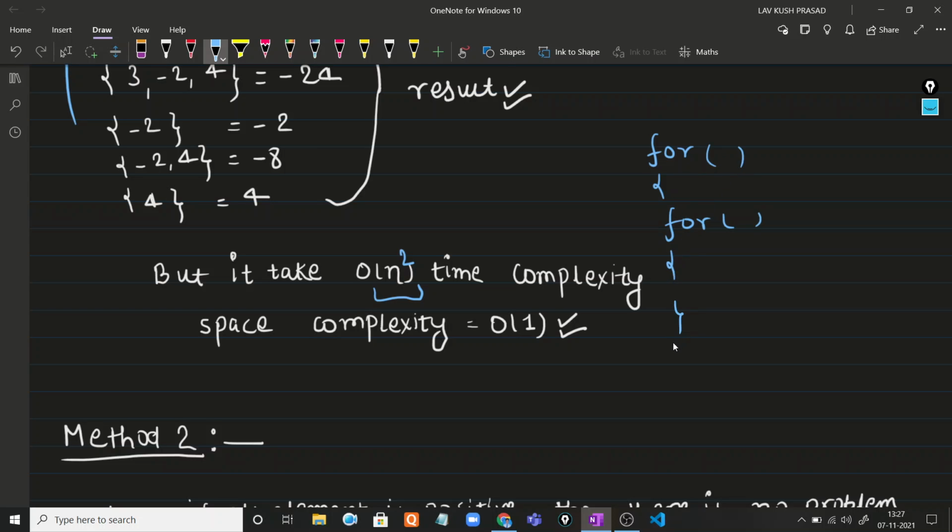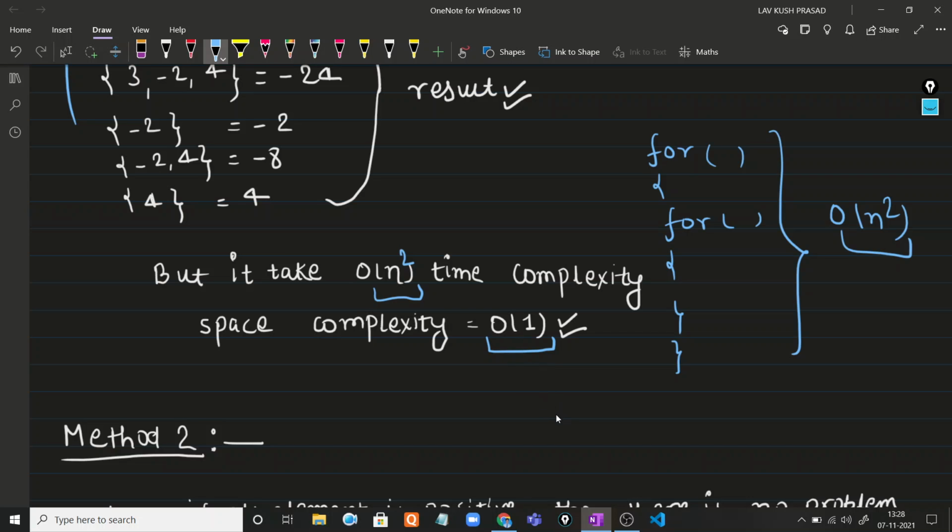So it takes big O of n square, and as per our requirement, the solution must be in big O of n, right? The space complexity will still be big O of 1, because here we don't use any extra space, right?